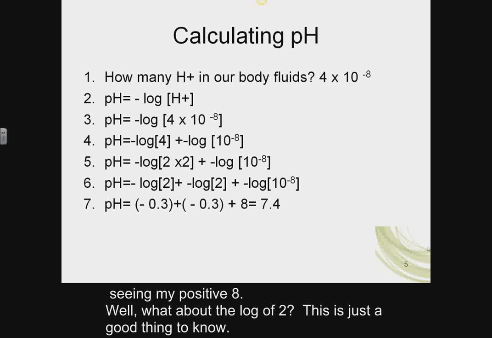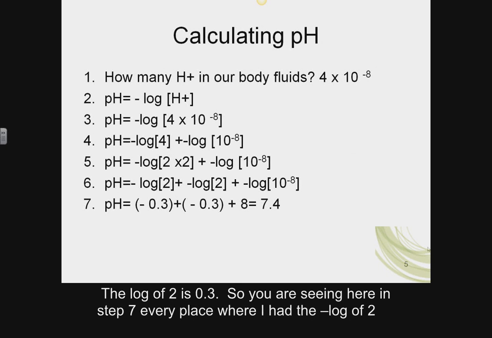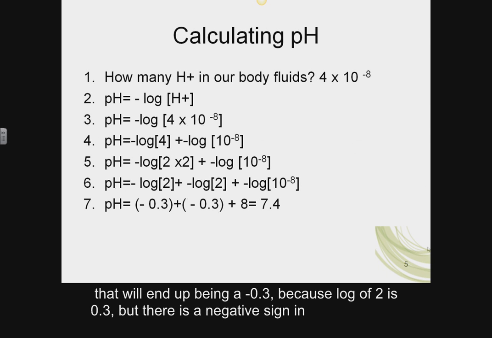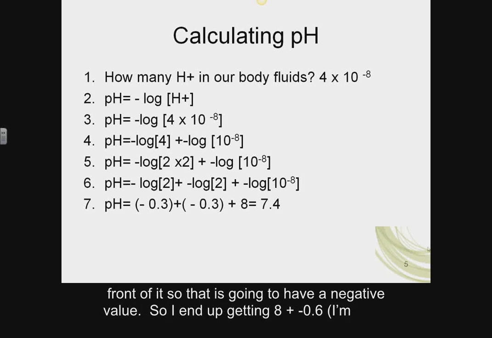Well, what about the log of 2? This is just a good thing to know. The log of 2 is 0.3. So you are seeing here in step 7, every place where I had the negative log of 2, that will end up being a negative 0.3, because the log of 2 is 0.3, but there is a negative sign in front of it, so that is going to have a negative value.